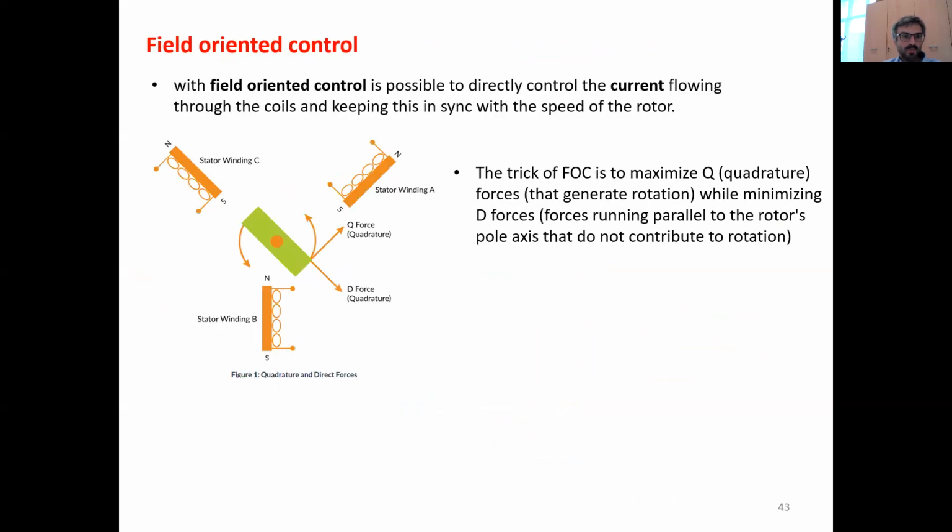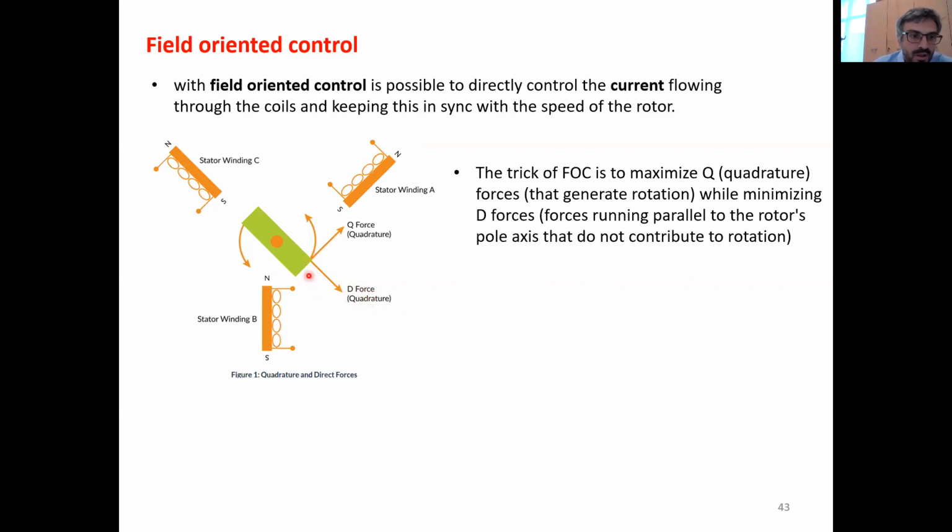Finally, there is an improvement of this switching that is usually creating only this waveform. But we know from the DC motor, when we explained the working principle, that we have a force that we call quadrature force, these two forces that create a torque, while the other two nullify, and they are called D force.